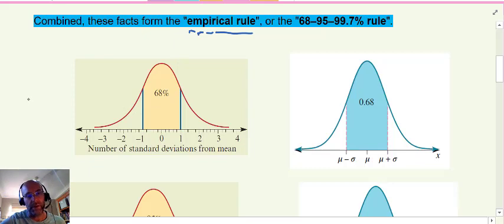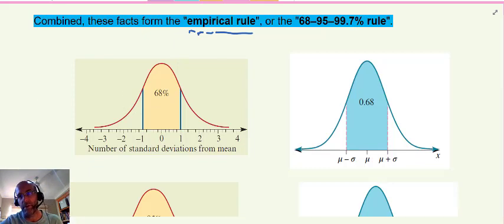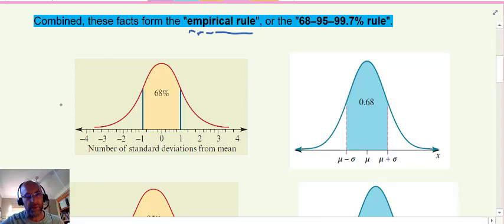So graphing these three, let's have a look at them. The situation where we have 68% of the population: there's your mean there, and this scale is in standard deviations. So the increments are numbers of standard deviations, with the mean there at 0, and up to one either side, i.e. two standard deviations in total, one either side of the mean, that's 68% of the population.